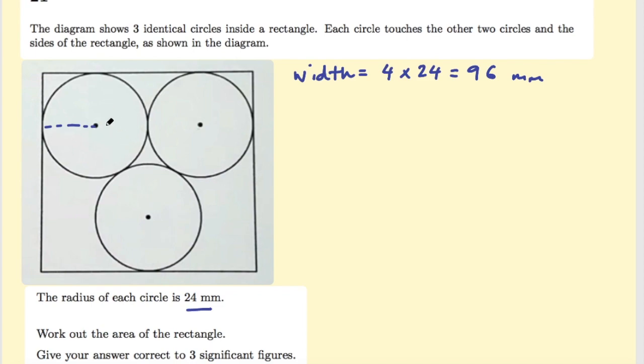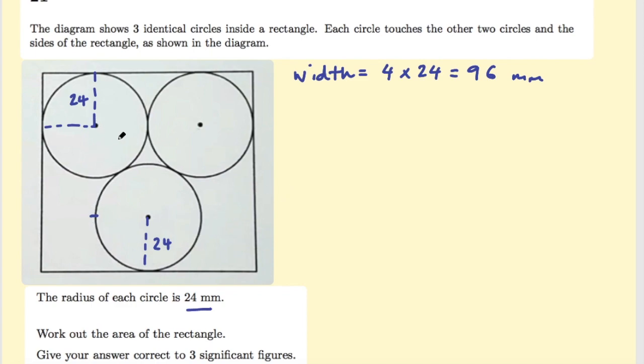So once you've realized we can't directly work out the length, you need to start thinking about how we can find that length. Well, we know that part of it is 24. We know there's 24 down here, but we don't know this distance in here from the center of this circle down to, well, basically here. We need to find that length.